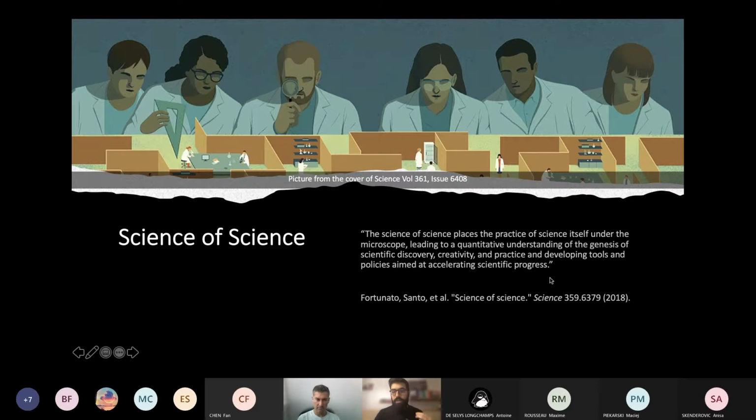What this means is that we take science, we analyze it, we put it under the microscope, and in a quantitative way, so through numbers, we understand how discoveries are made, how creativity plays its role, and all practices and tools that have been used in science, because the goal of this science of science discipline is accelerating the progress of science.